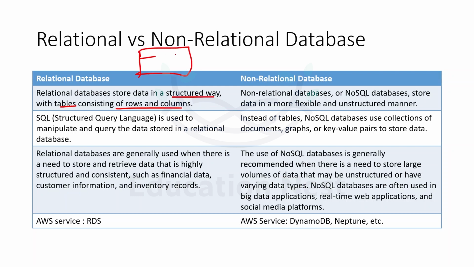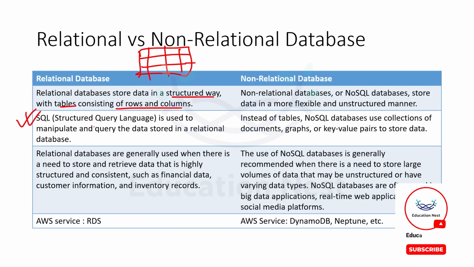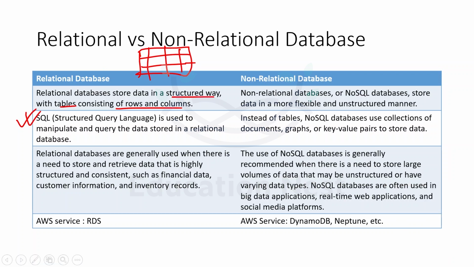Whenever we talk about databases, we think about tables, right? SQL, the Structured Query Language, is quite famous and is used to manipulate and query the stored data. If you want to retrieve, insert, or manipulate the data, that can be done with the help of SQL queries.